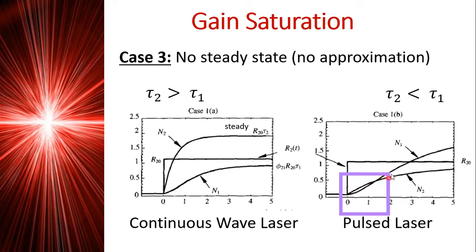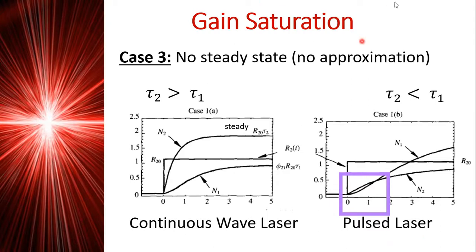So your laser will only operate in this region, but in this region, no laser will operate. That's why the output will be a pulsed laser, not a continuous laser. Okay.